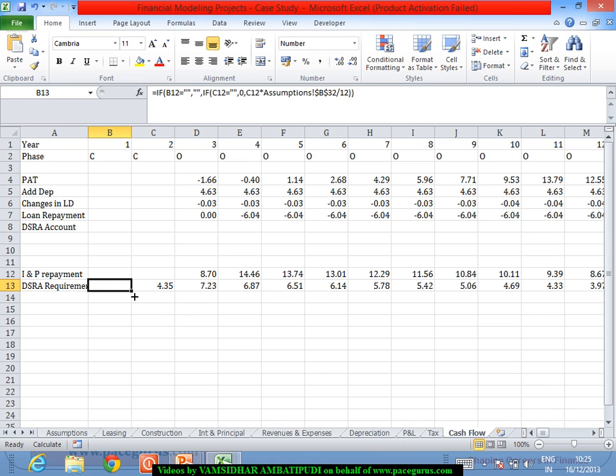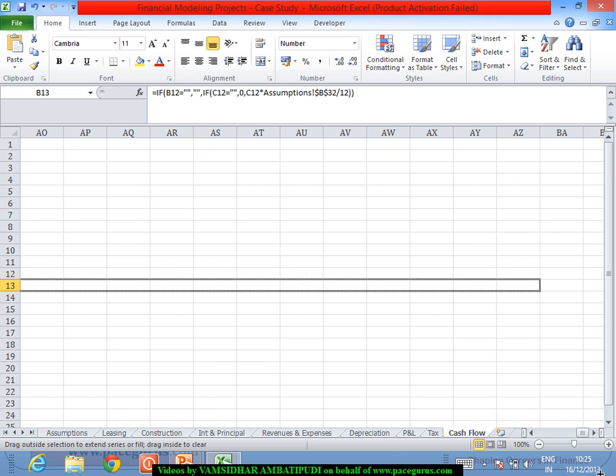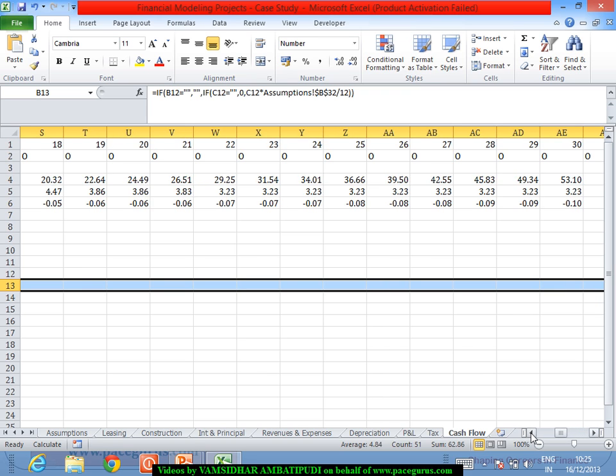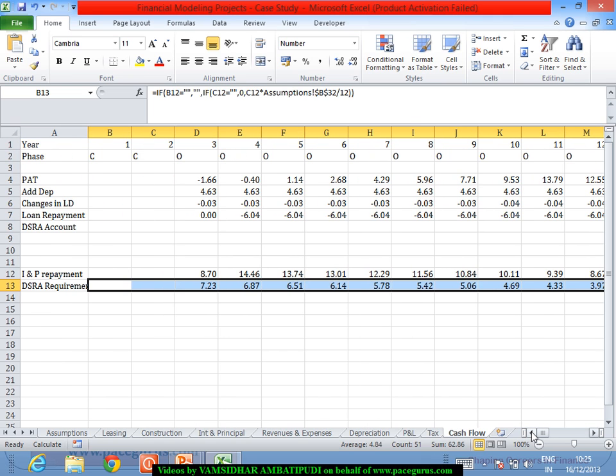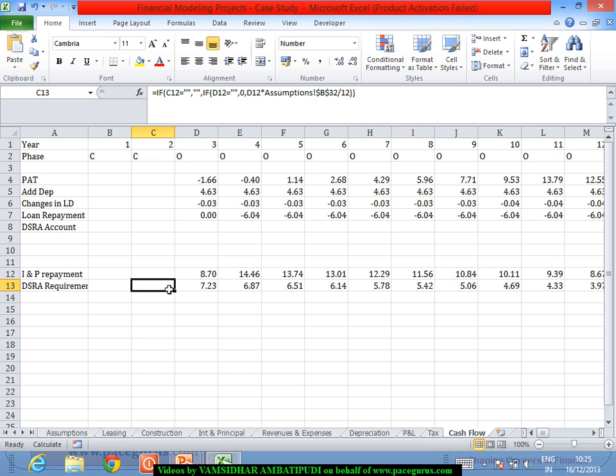When I am dragging it across, something which I could see is, at least for the last year, it is coming out that the DSRA requirement is 0, whereas for the remaining periods it is being shown as blank. But the problem is that the DSRA requirement for the first year is not getting handled.